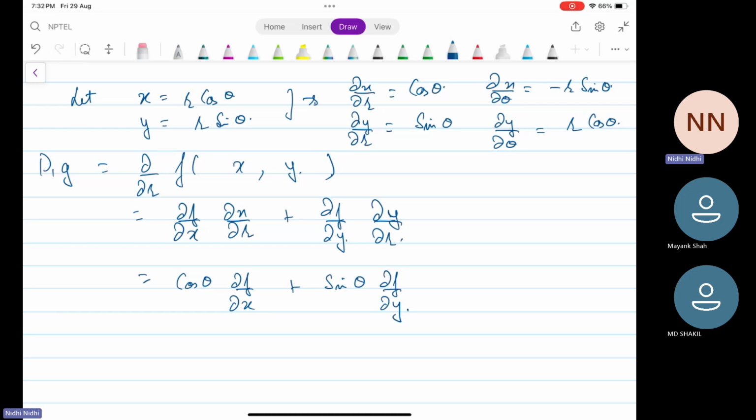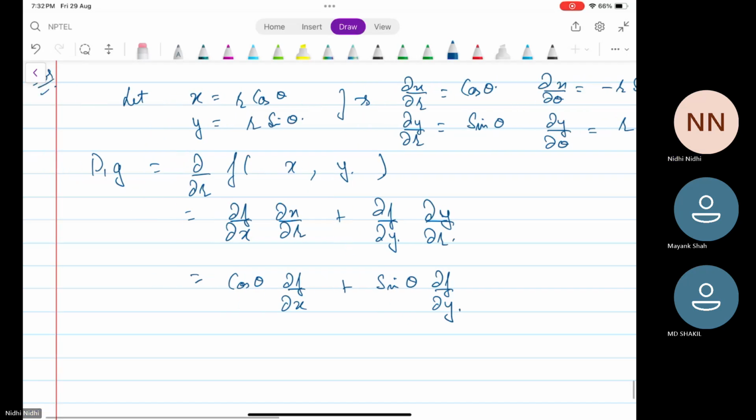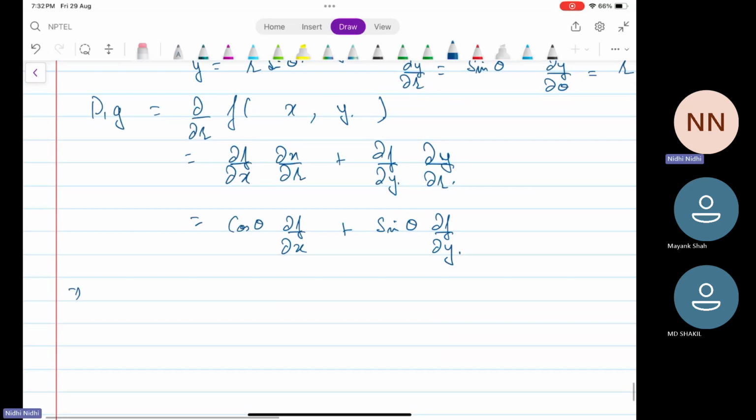Next, we'll again differentiate it with respect to r. This is d1g. This is equal to del by del r of cos theta del f by del x plus sin theta del f by del y.